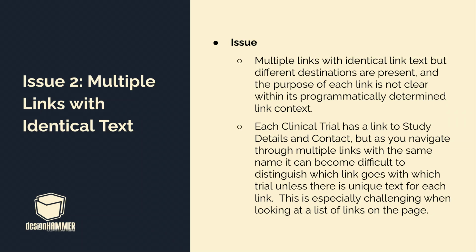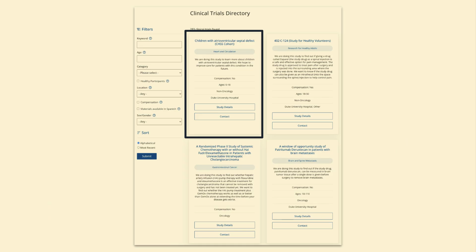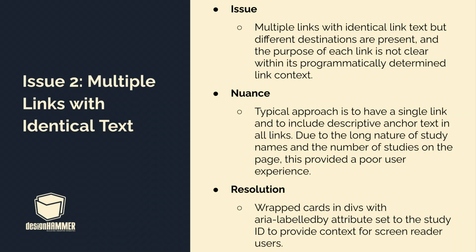But one of the common usage patterns of someone who uses assistive technology is going between links. And now they have multiple links in a row that have the same destination and may even have the same link text. And these link texts are the name of a clinical trial. They're super long and kind of dense, so it's not super helpful to scan those quickly auditorily. So what we ended up saying was, we could do this just the way it is, or just have a single link.